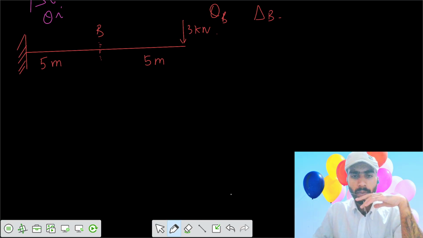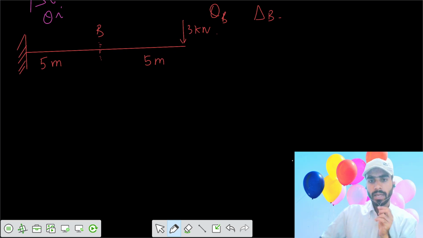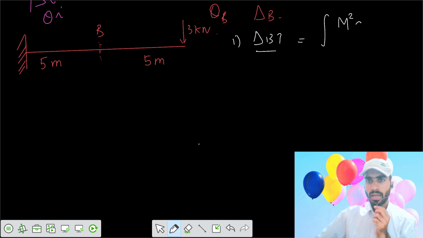If we solve it separately, say we want to get the value of delta. Firstly, let's say part 1, get the value of delta B. We know that delta B can be calculated from the strain energy by using Castigliano's theorem, integral of the moment at any x, M squared dx by 2EI. Then we write it in this fashion, integral 0 to L of M m dx by EI.